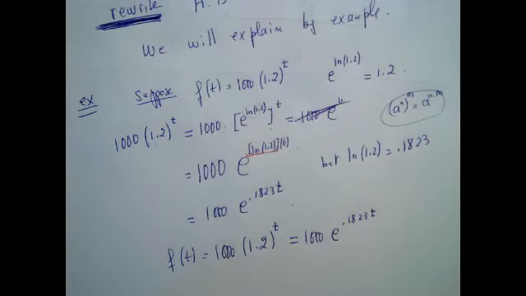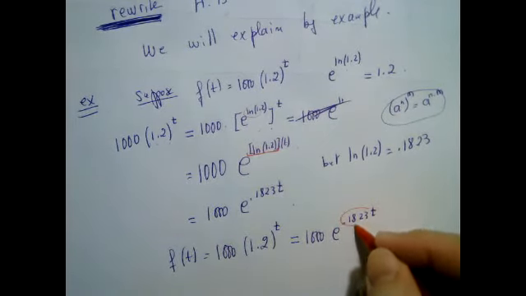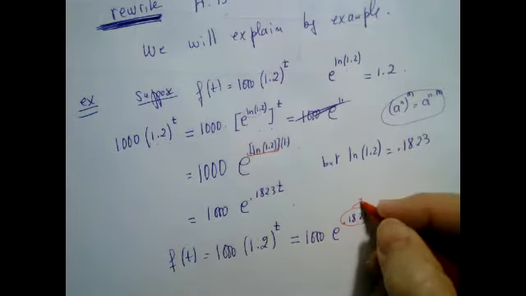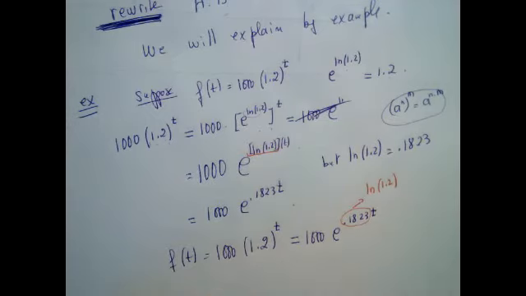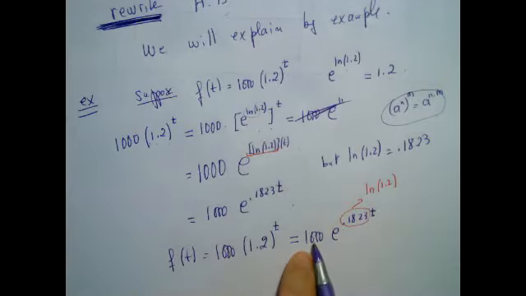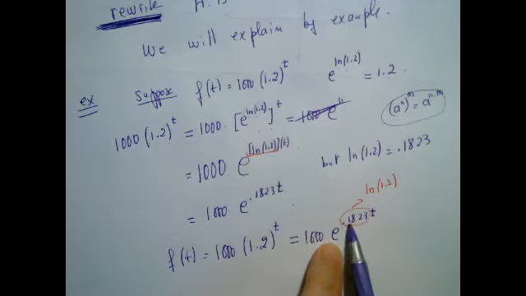And where is this 0.1823 coming from? This is nothing more than the ln of b, ln of 1.2. So every function written the way we know it can be rewritten as, remaining the same, e to the power ln of 1.2 times t.